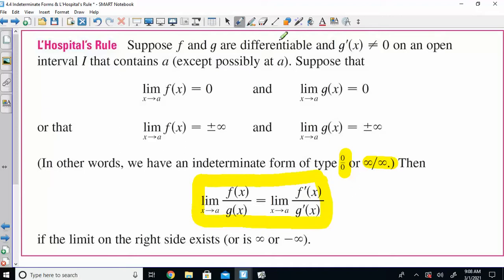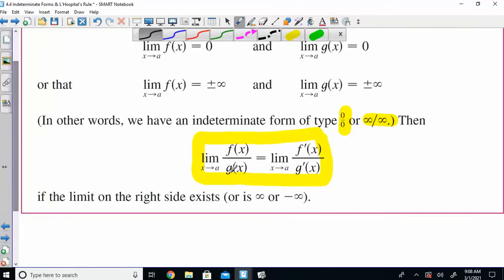What it says is that the limit of that quotient is the same as the limit if you do their derivatives. So our strategy will be to do the derivative of the top and the bottom. Now this is not a true derivative of the whole thing because we're not doing the quotient rule. We're just going to do the derivative of the top function, the derivative of the bottom function, and divide those. And it works out that the limit will be the same.